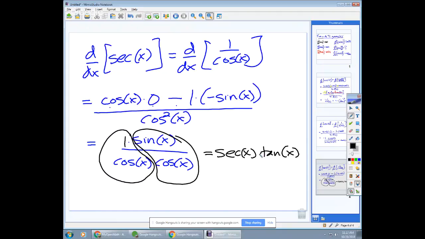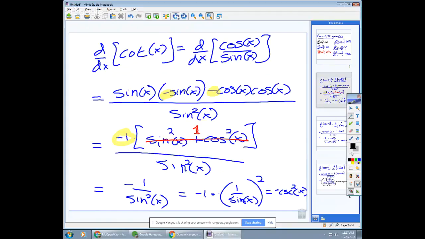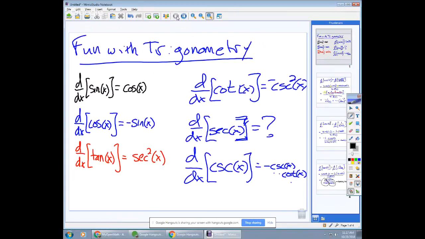So adding that to our list of wonderful formulas back here, we get secant of x times tangent of x.